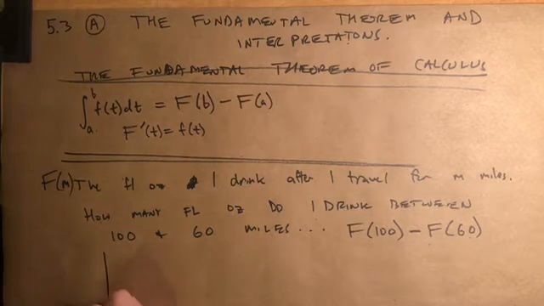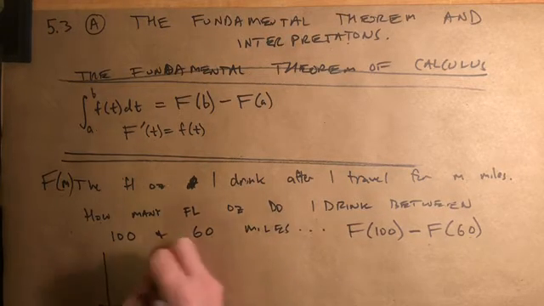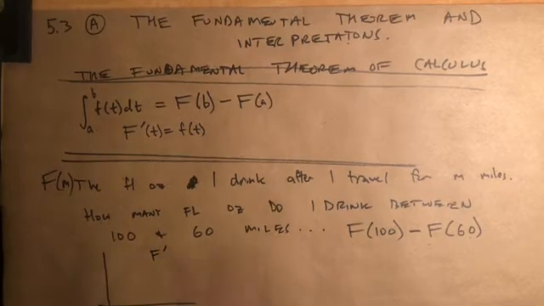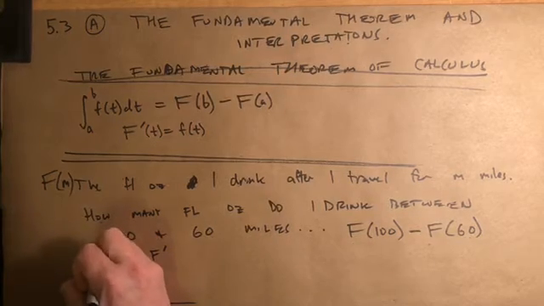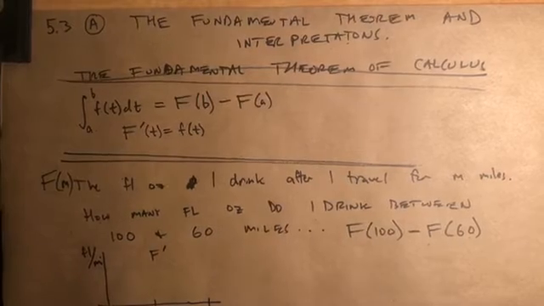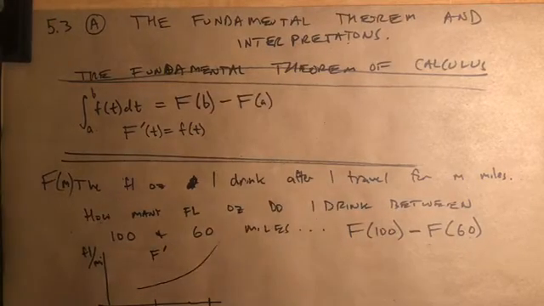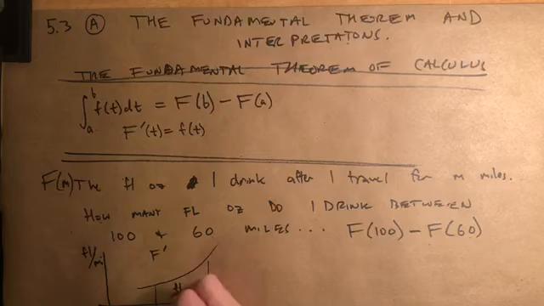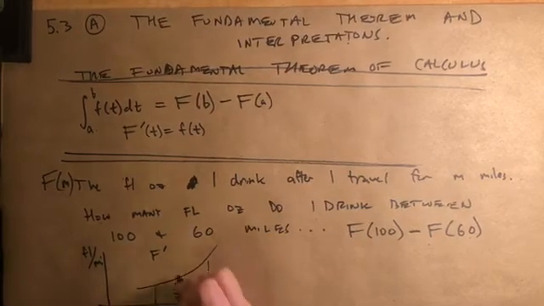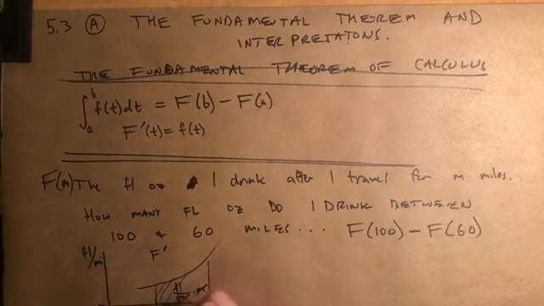Another way, though, to think about this would be to say, I'm going to look at capital F prime. And the units of that are going to be fluid ounces per mile. I'll have 60 miles and 100 miles on my graph, and presumably this is going to be up. Of course, the units right here, they're going to be fluid ounces over miles times miles. The miles cancel one another, and I am left with just fluid ounces, and that's this area right there.